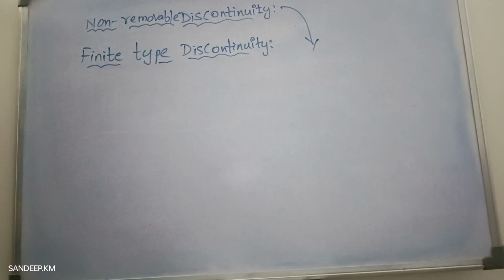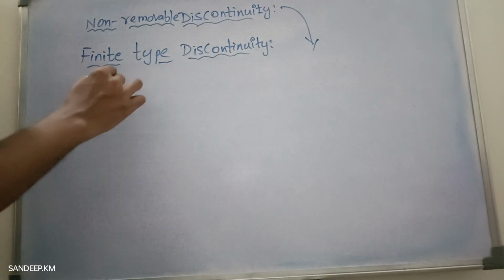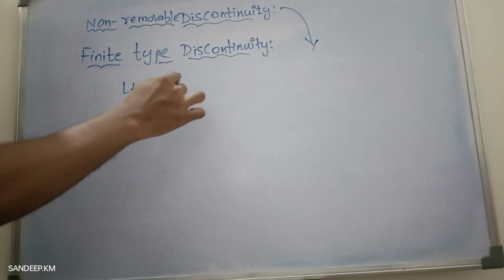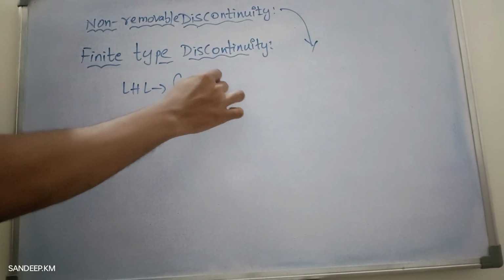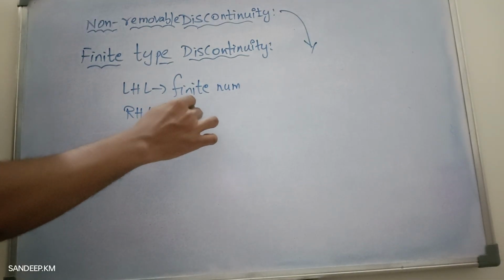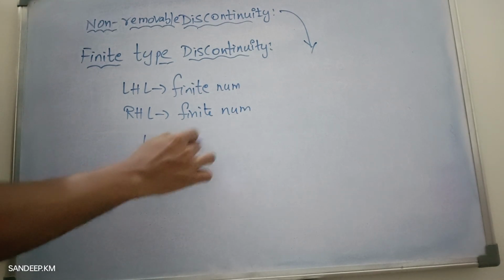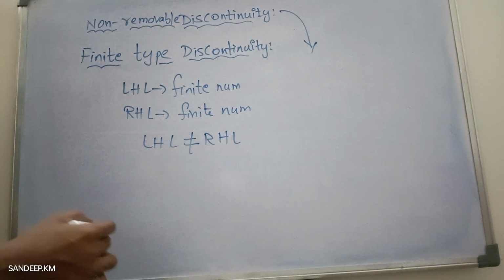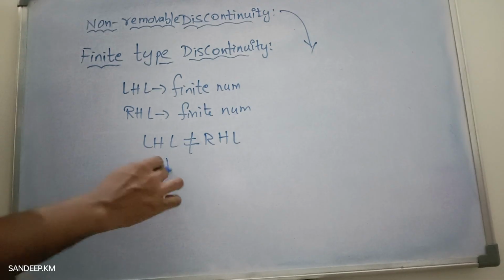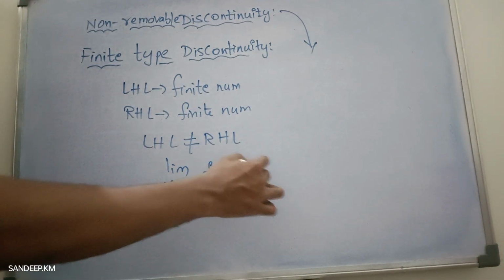In finite type discontinuity, left hand limit is a finite number. Even right hand limit is also a finite number. But left hand limit is not equal to right hand limit. For this reason we say that limit x approaches a, f of x does not exist.